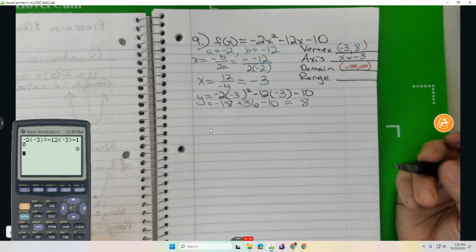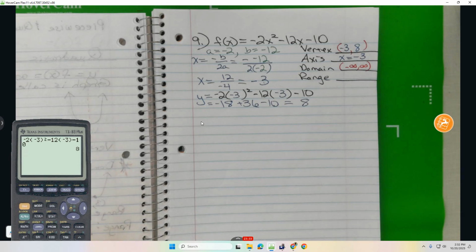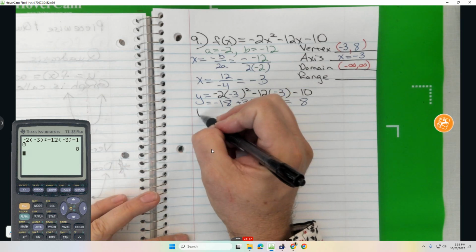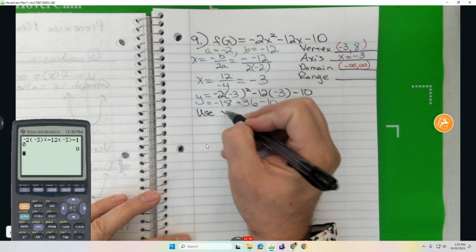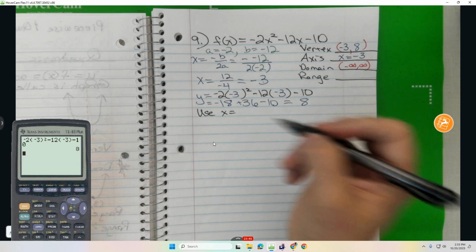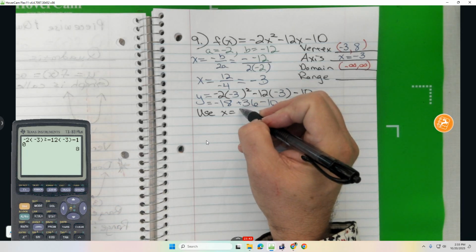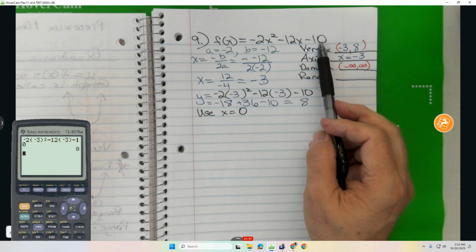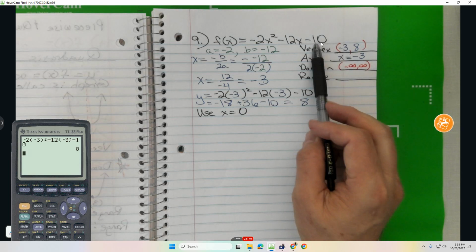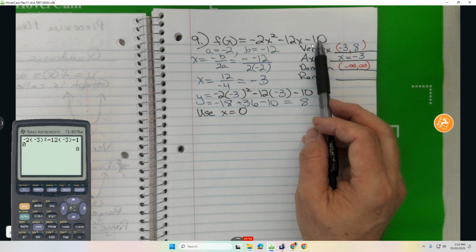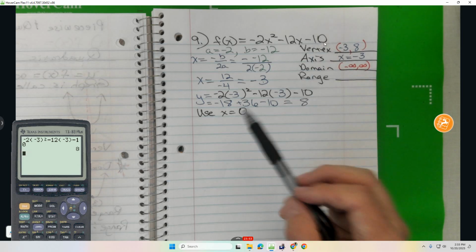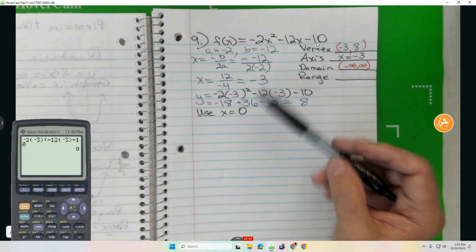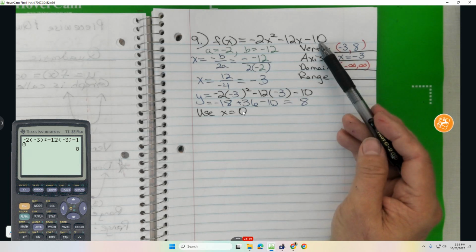What number do y'all want me to choose? I need to choose another x value. Let's use x equals 0. Okay, I'll use x equals 0, but realize when you're doing this same problem, there may be something like a -30 right here, and you'd get something way off the grid, in which case you'd have to choose another number. They were just being nice to us today by giving us a 0, that -10 there.